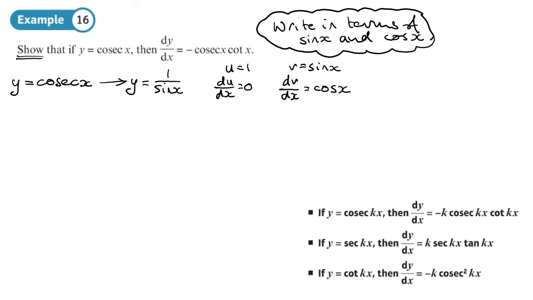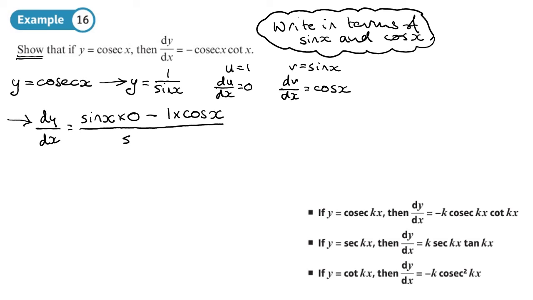If we plug all of those into the quotient rule, we get dy/dx equals v, sine x, times du/dx, 0, minus u times dv/dx, which is cos x, all over v squared, so sine squared x.